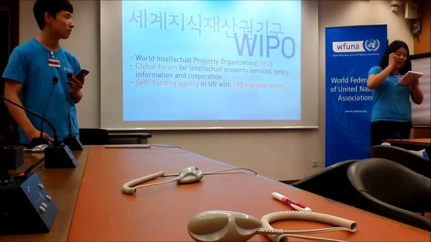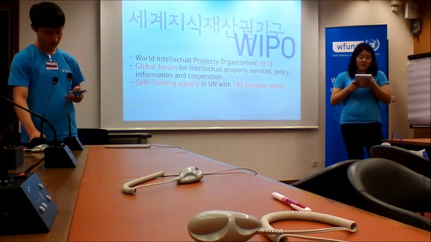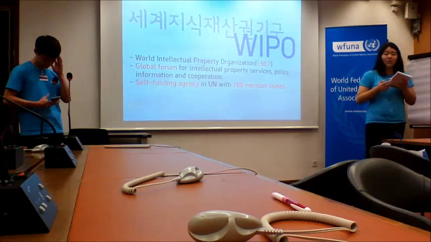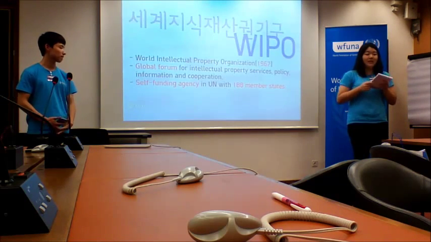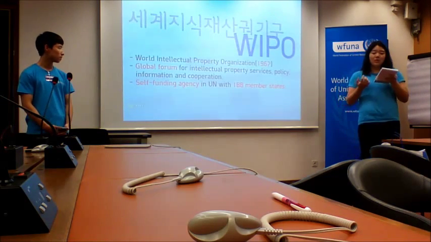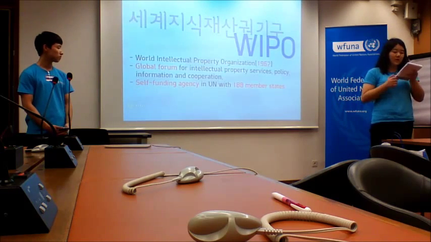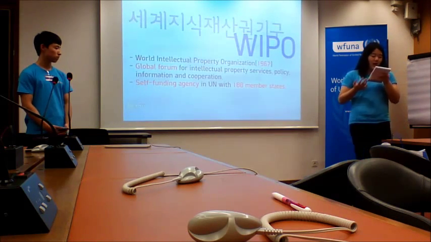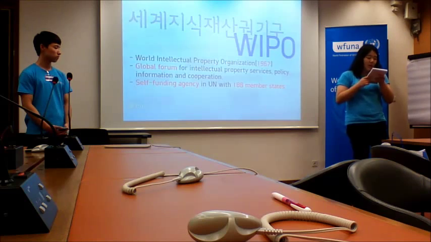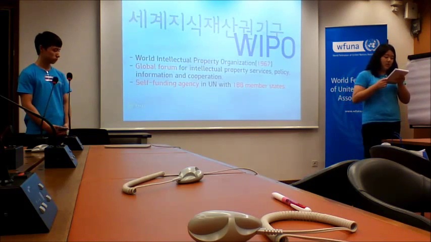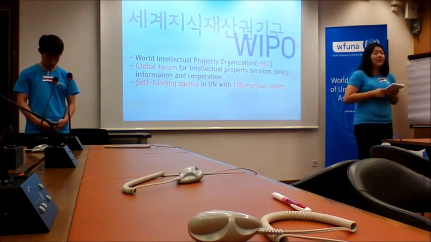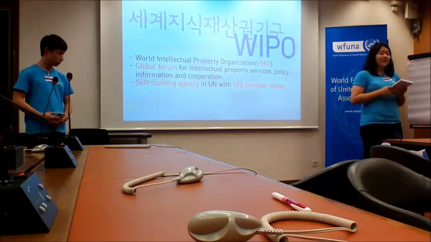And then WIPO, also known as the World Intellectual Property Organization, was organized in 1967. It holds global forums for intellectual property services, policy, information, and cooperation. It's a self-funding organization in the UN with 188 member states.